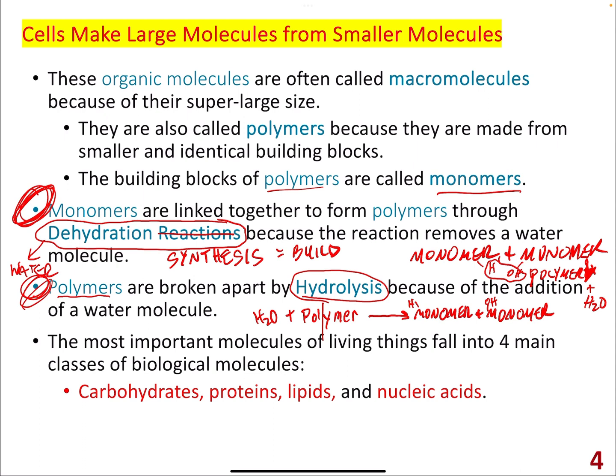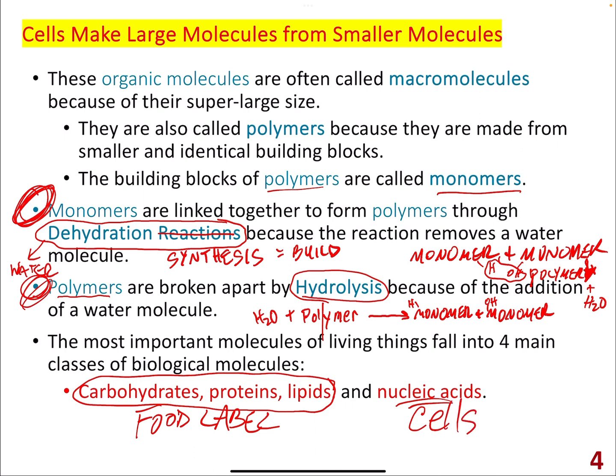So the four main categories of biological molecules are listed there at the bottom. Carbs, proteins, lipids. Hey, that sounds like a food label, doesn't it? This is what is on a food label, and these are the ingredients of our foods. Nucleic acids, hey, these are inside of cells that you eat.